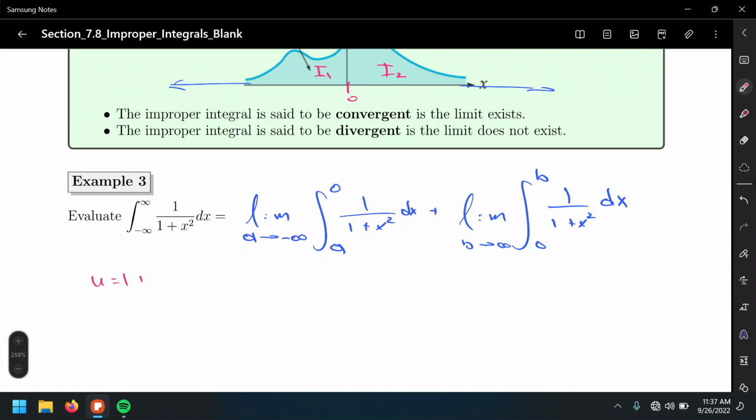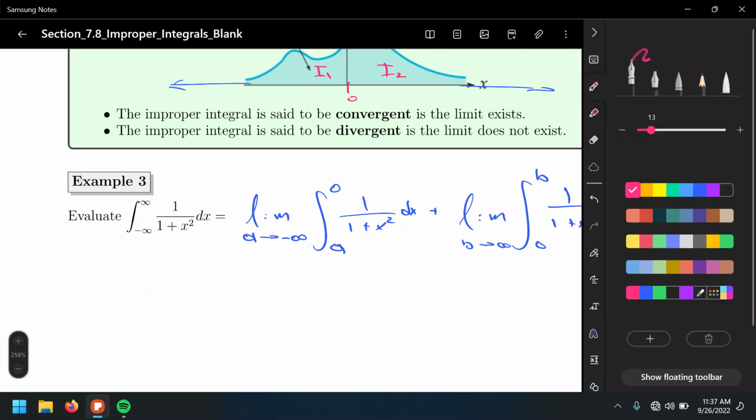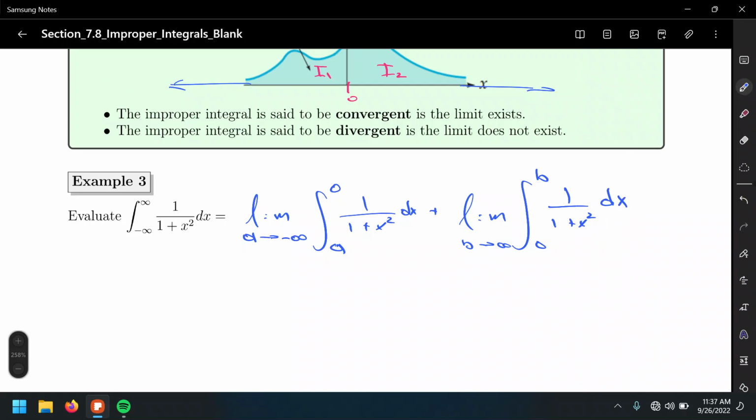If you check this out, let me just do it real quick. u equals 1 plus x squared, du equals 2x dx. Nothing wrong with this, except that we're missing a factor of x in the numerator in a way that the u du setup works. So in this case, unfortunately, it's not the case. We need to use another rule, the arctangent rule.